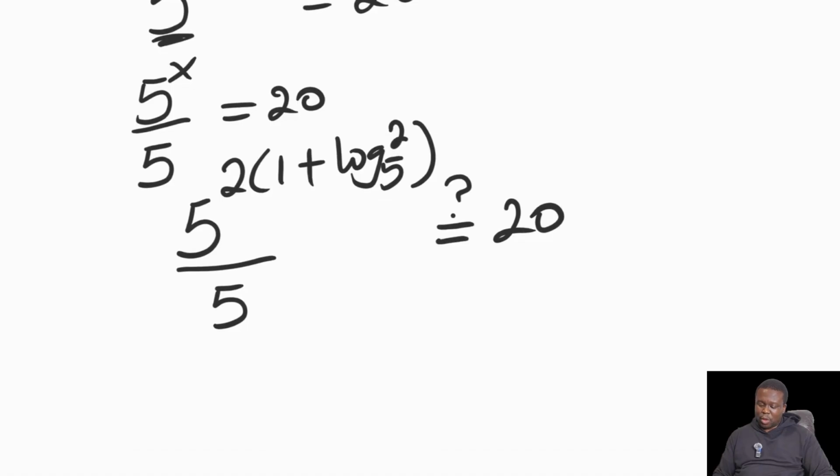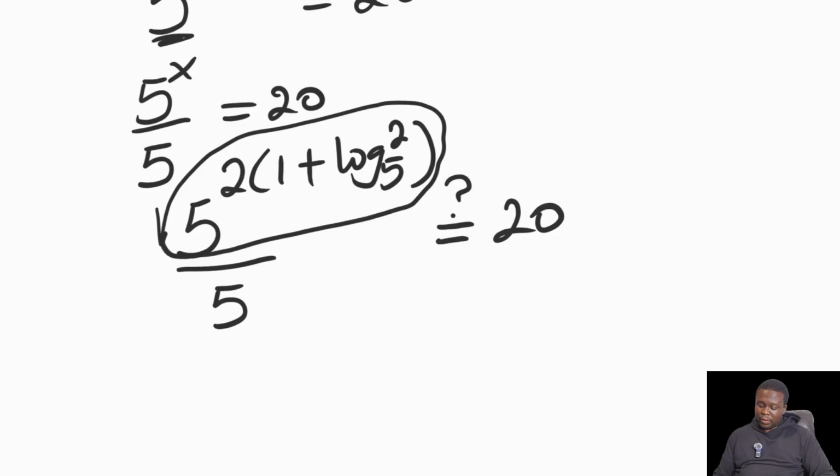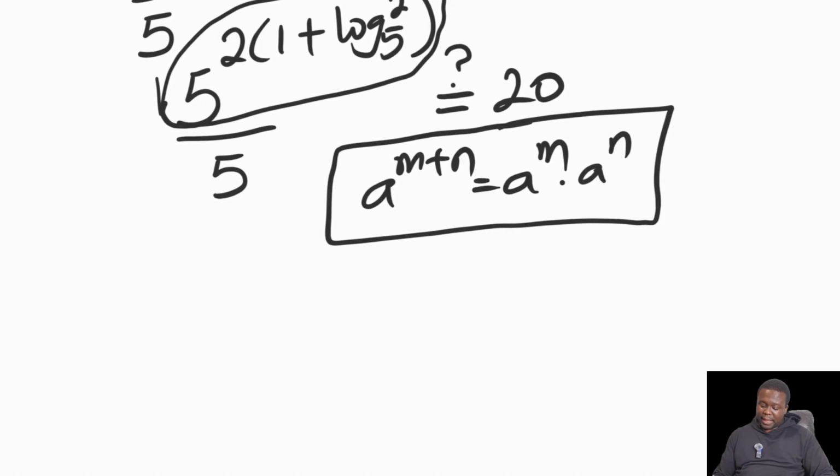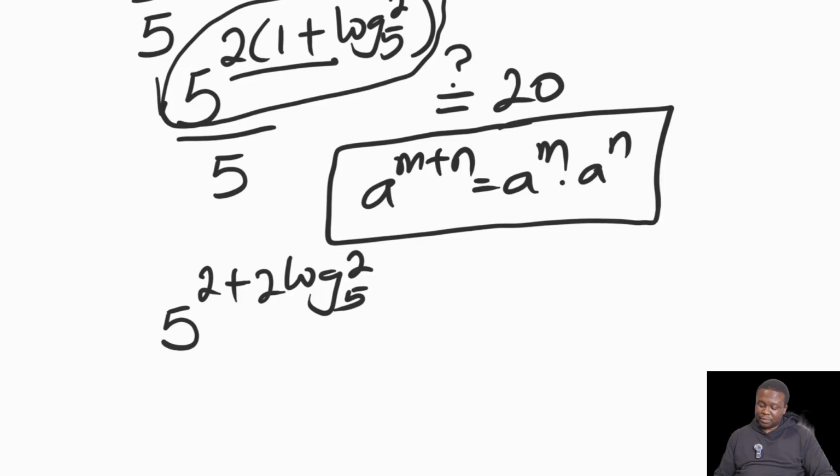So let's open that up. We know that a raised to the power m plus n is equal to a raised to the power m dot a raised to the power n. So let's apply that to the numerator. Let's multiply this out. It becomes 5 raised to the power 2 plus 2 log 2 base 5, divided by 5. Let's see if that's equal to 20.